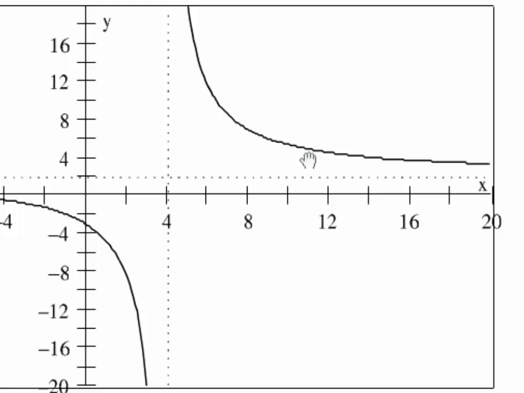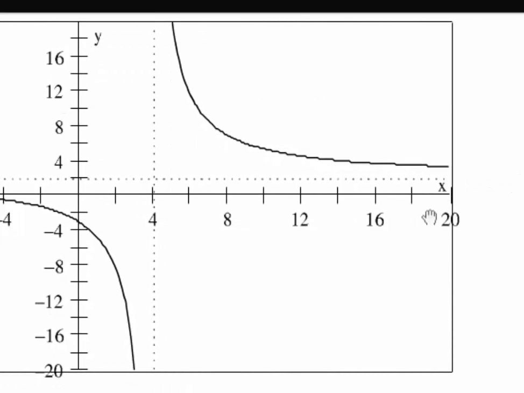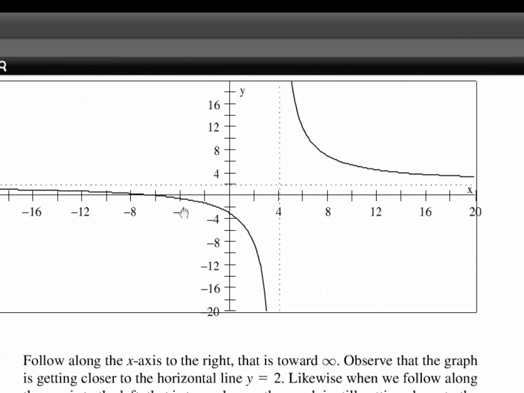As x gets really large, what happens to y? We're going to approach a number, but we're never going to touch it. So really, that's what we're trying to do. We're trying to determine the value of y when x gets really small. When x becomes really small, what happens to y? And when x becomes really large, what happens to y?